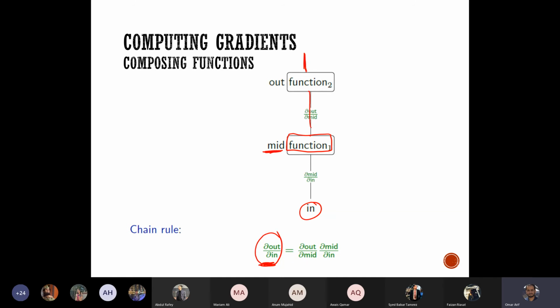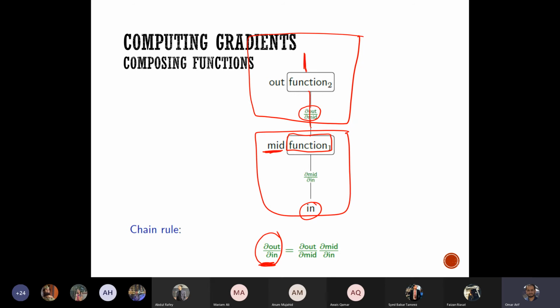That we can compute by only looking at this function and writing the derivative, then only considering this function and computing the derivative over here, and finally the overall derivative would be to multiply these two derivatives together, as we have done over here.